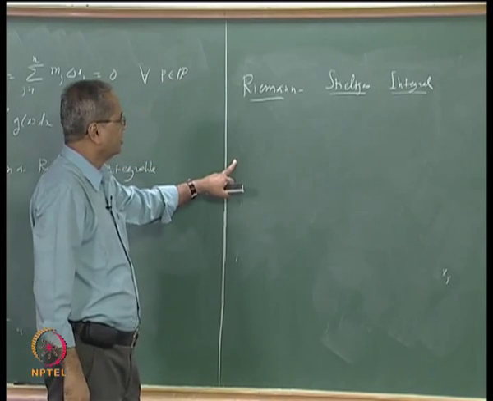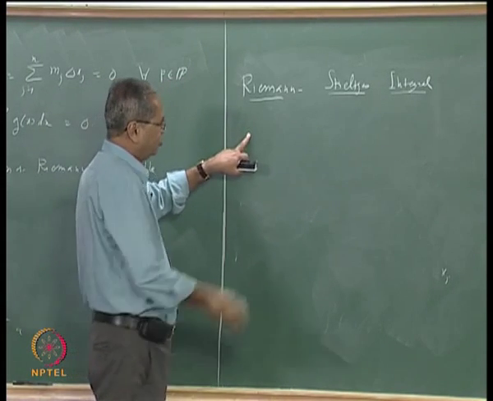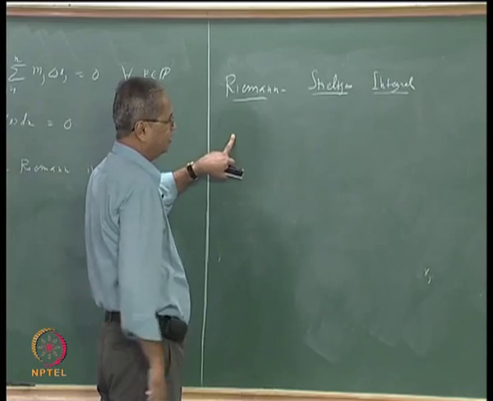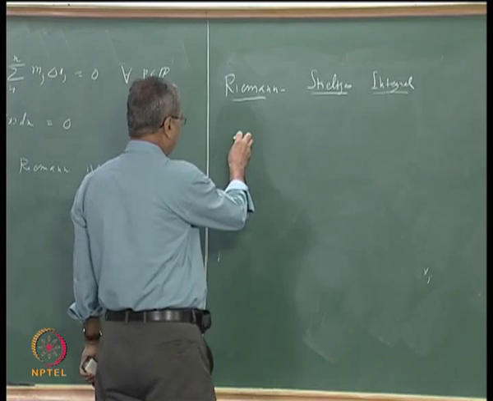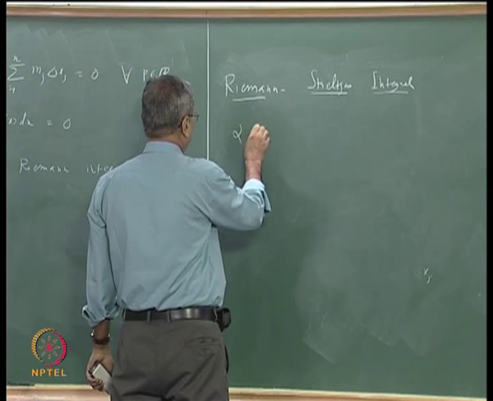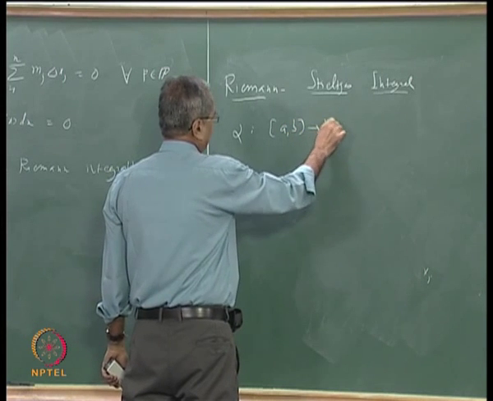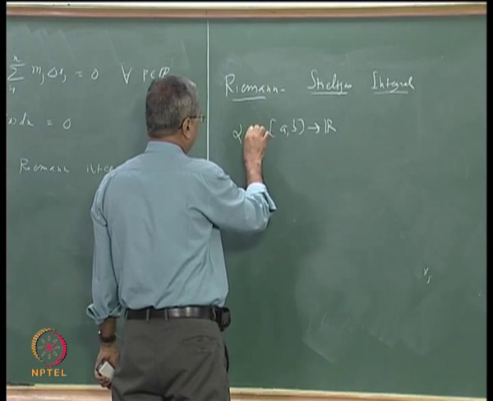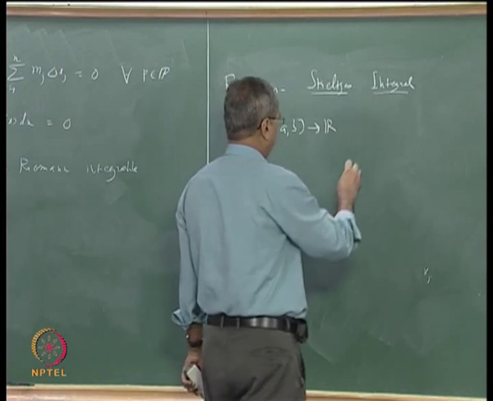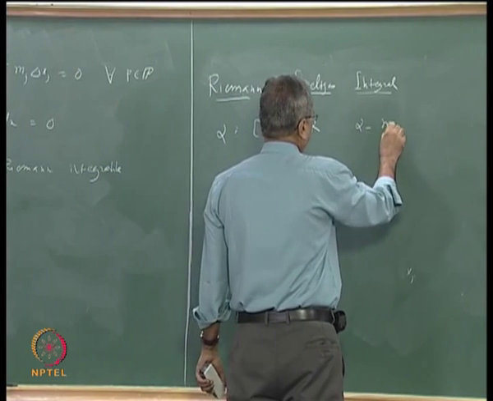Now what is happening here is that, as usual, f is a bounded function on the given interval a to b, we take one more additional function, namely the function alpha, which goes from [a, b] to R. And we take this alpha to be a monotonically increasing function.